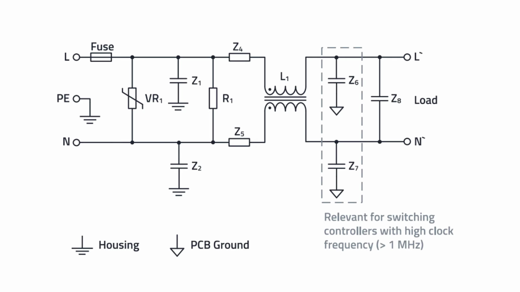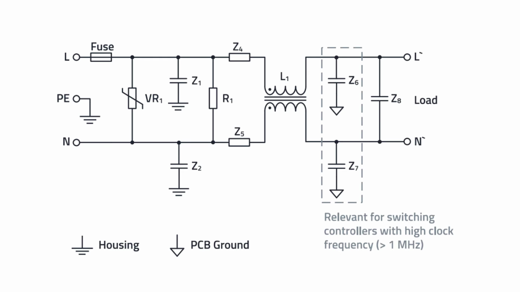Our choke, L1, decouples the load, for example the power supply, from the mains with its common mode impedance. This means that the choke is RF technically effective with Z1 and Z6, and Z2 and Z7, when the reference ground, the PCB ground to housing, carries interference potential.